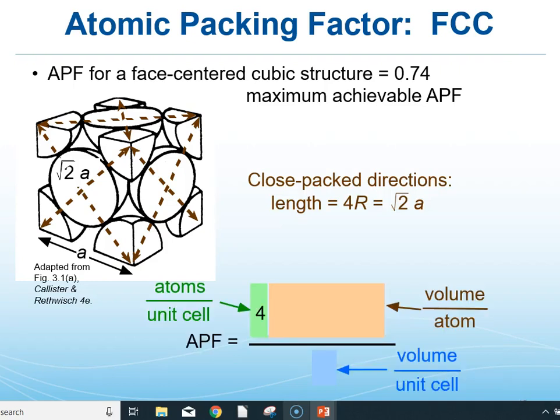And again, the calculations are the same as we did before, 4 atoms per unit cell, the root 2 a being the atomic radius to lattice parameter relationship, and a cubed. Volume per unit cell is always going to be a cubed, so that's where we get our 0.74. And again, like the other two, you can calculate this on the basis of atomic radius instead of lattice parameter. It gives you the same thing.